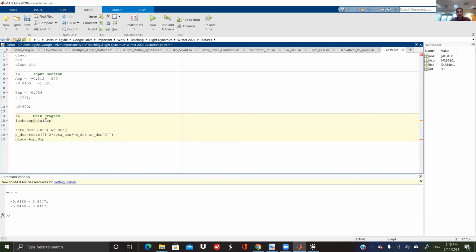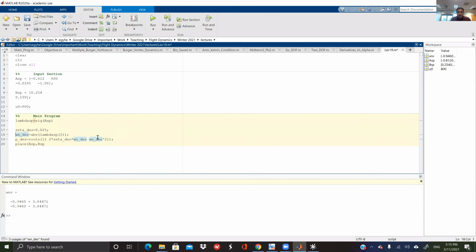How to get the omega n from the poles? Well, it's the real square plus imaginary square. So it's the absolute value of one of these lambdas. So say the first one. They both have the same value, it's a complex conjugate. Please stop me if you have any question. So this is my desired.